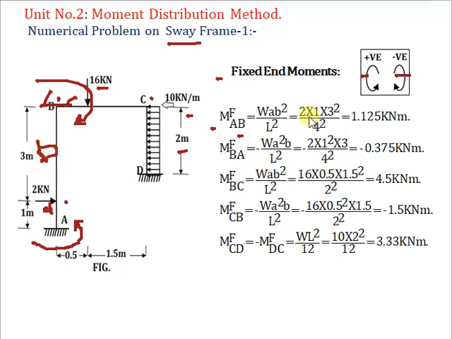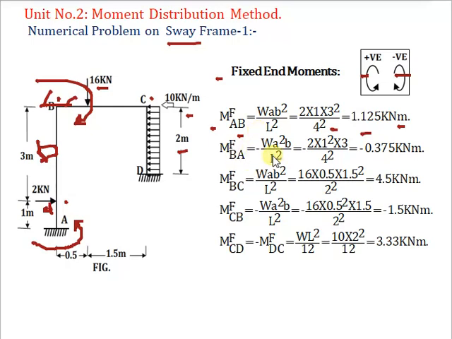So put the value. Load is 2 into 1 into 3 square divided by 4 square, as span of AB is 4. So it is equal to 1.125 kN meter. And it is anticlockwise, so positive.